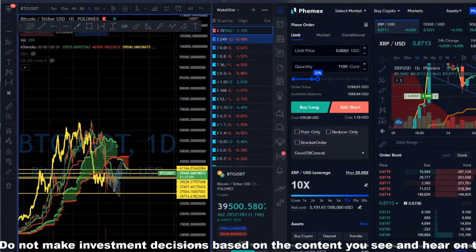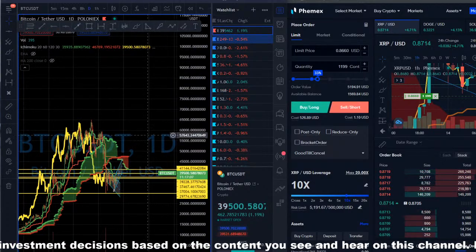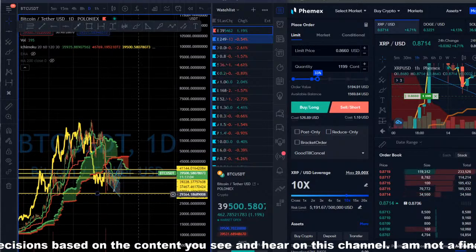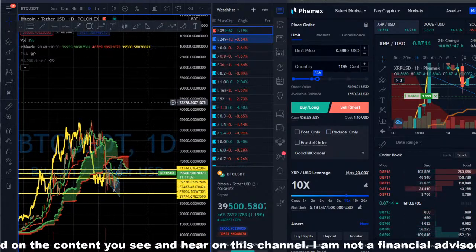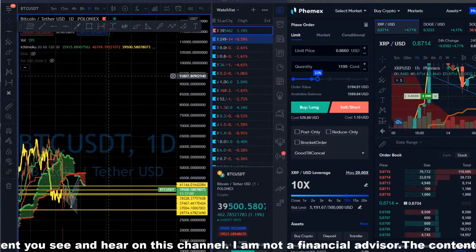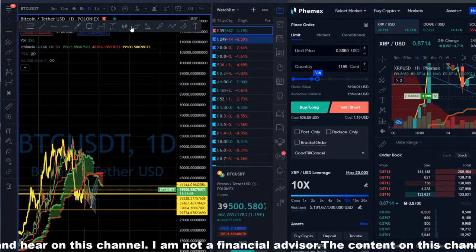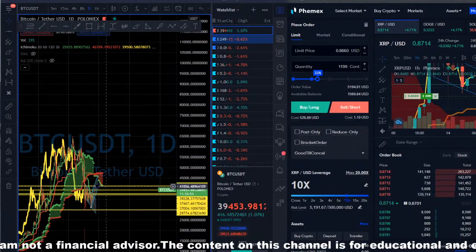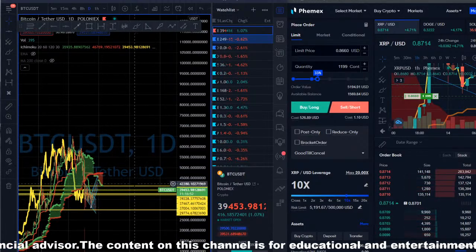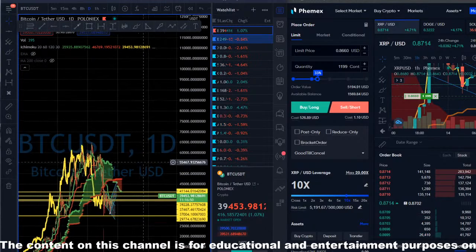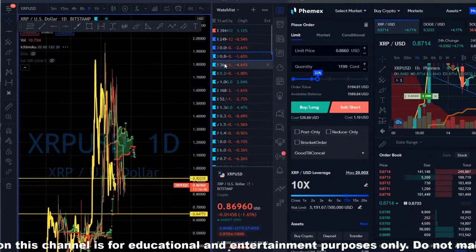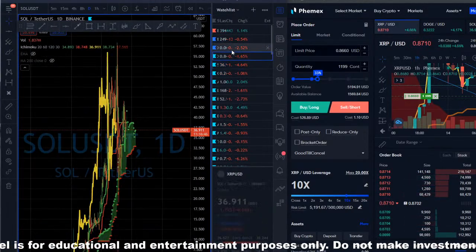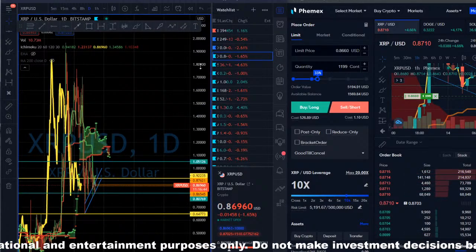XRP is always the last one to start its rally, and it's always the last one to finish its rally, but it rallies really big. When XRP starts taking off, oh my god, man.